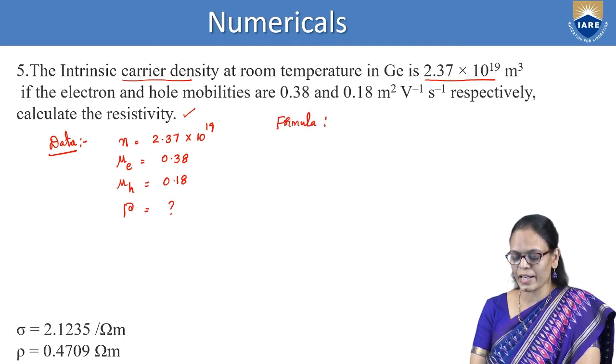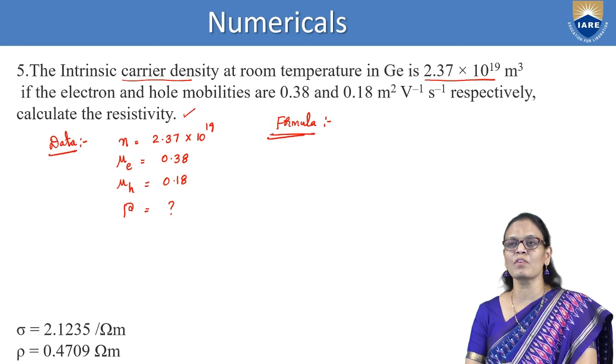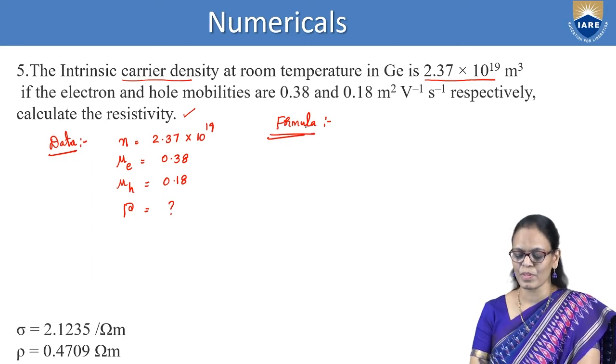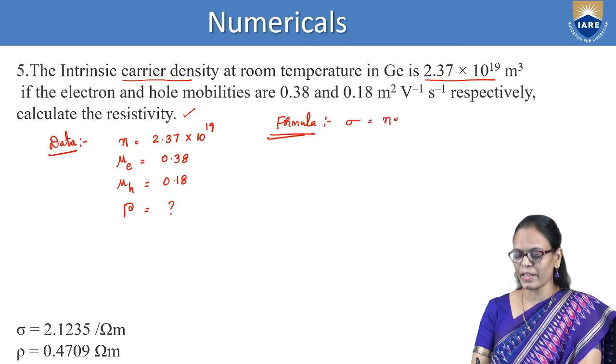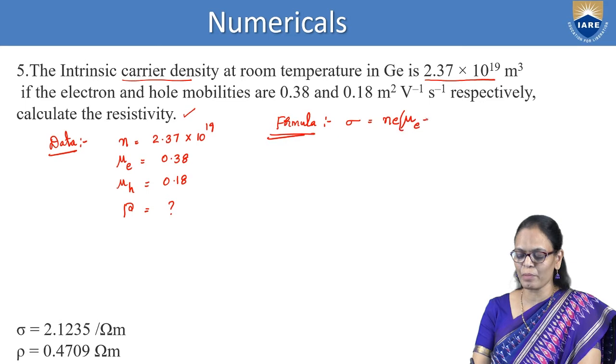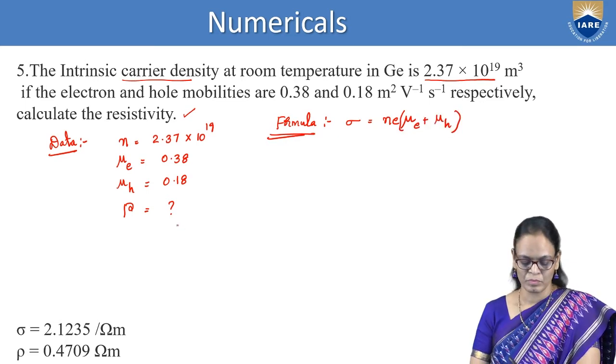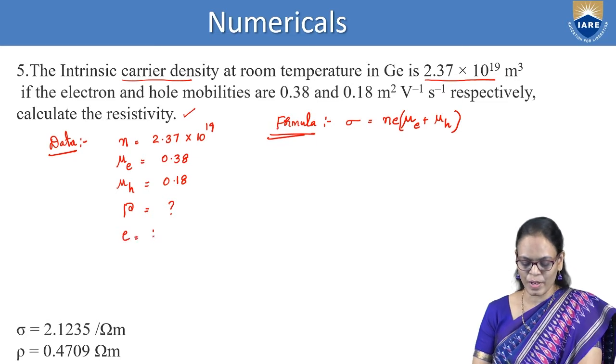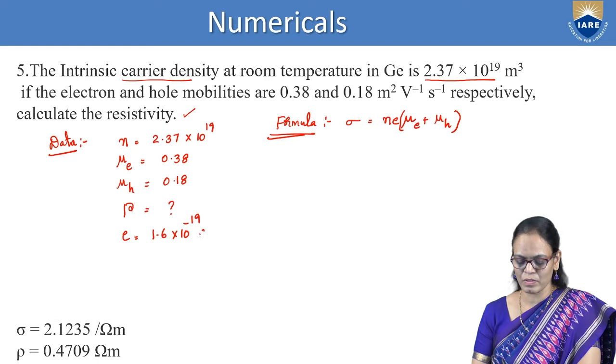You may write it directly or we will write it in terms of known terms. So the formula we have for sigma is Ne into (mu E plus mu H). The value of E is 1.6 into 10 power minus 19 coulombs.